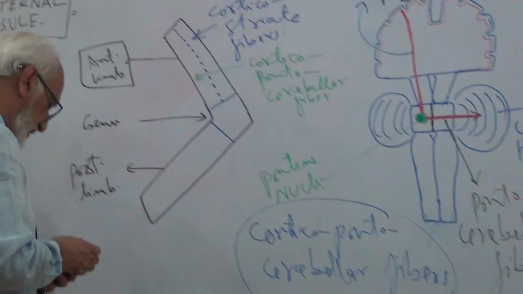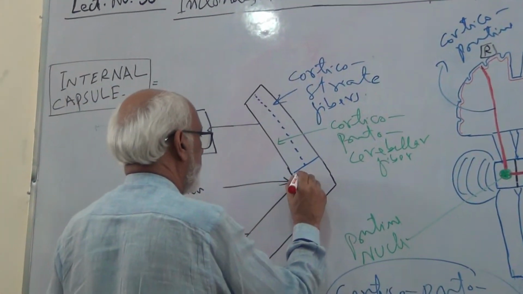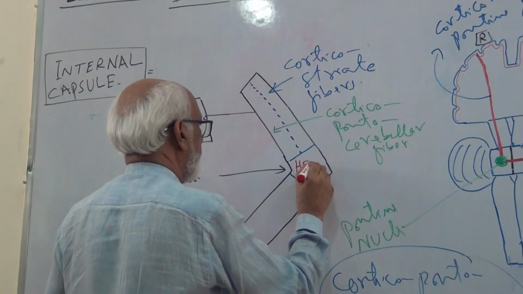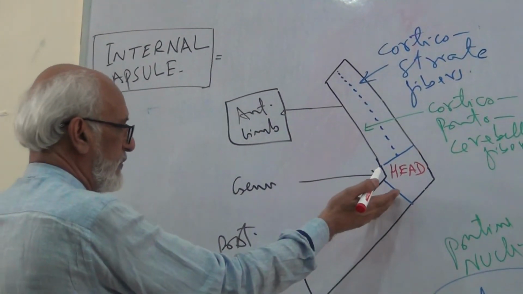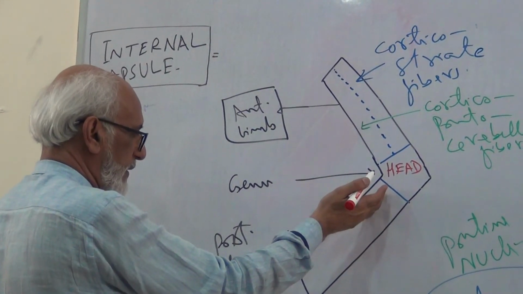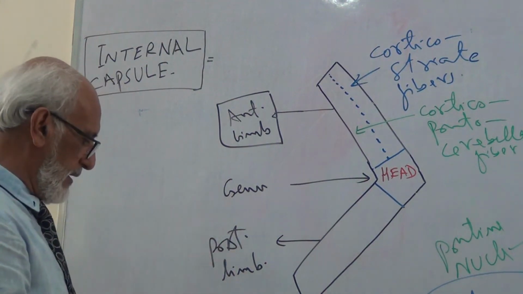Now, which tracts from which region of the body pass through the genu? The head region. Now, fibers from which part of the human body pass through the posterior limb of the internal capsule?